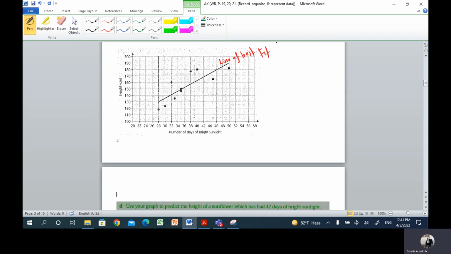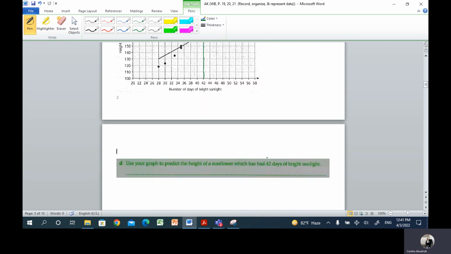They said 42 days, and we draw a vertical line from 42 until it hits the line of best fit, and then we draw a horizontal line from this point, and the answer will be around 168 centimeters.